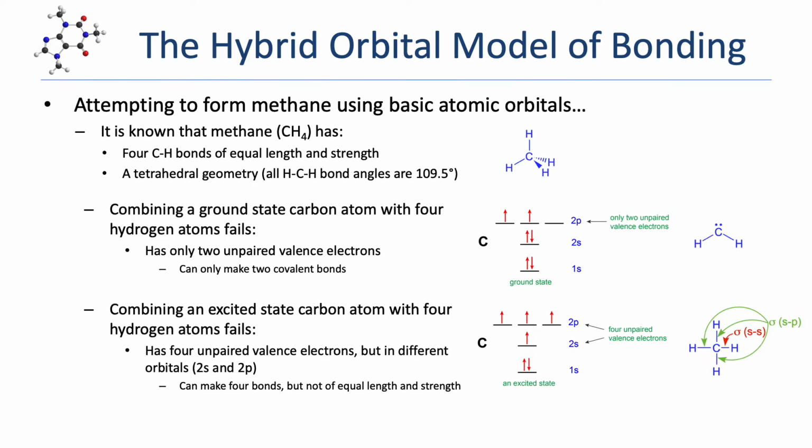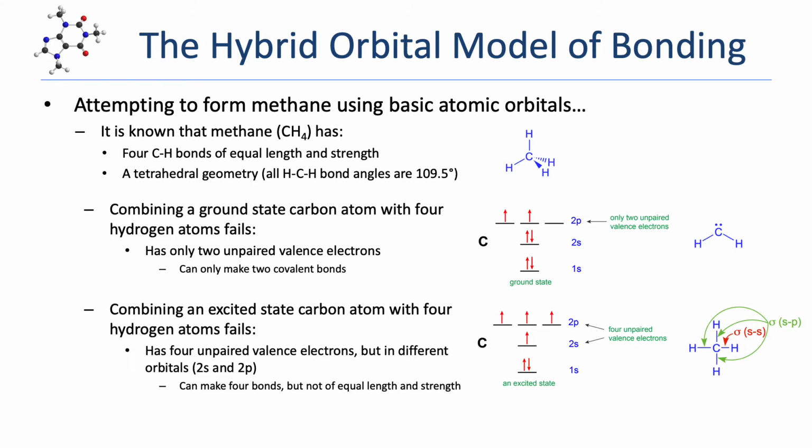That shorter bond would be the bond formed when we combine an s orbital on hydrogen with the 2s orbital on carbon. The other 3 bonds are longer and weaker because those would be formed from an s orbital on hydrogen and the p orbitals on carbon.